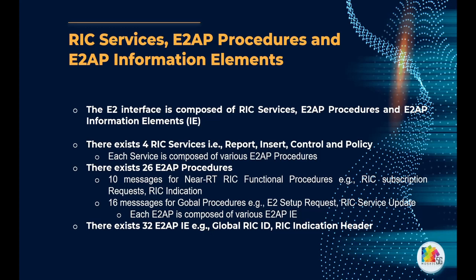So 10 messages are for near real-time RIC functionality, and 16 messages are global procedures that you see, setup request and so forth. And there are also information elements like global RIC ID, RIC indication header, and so on. So this is more about how the protocol is designed, and it's very similar to how RRC is specified.